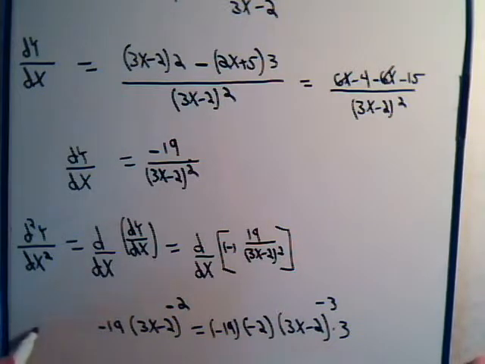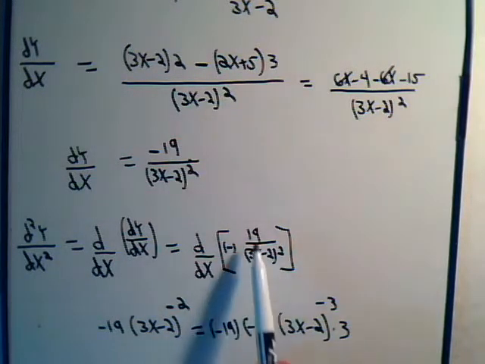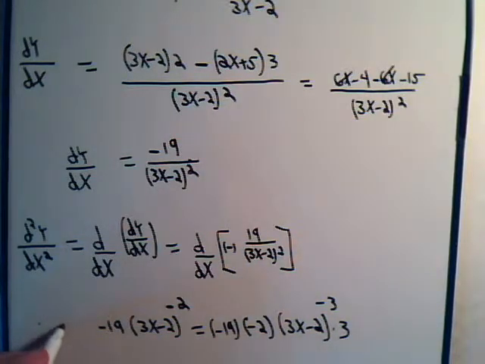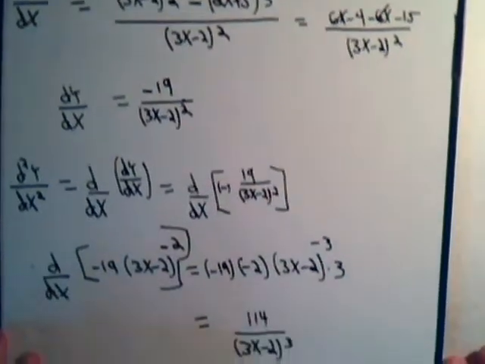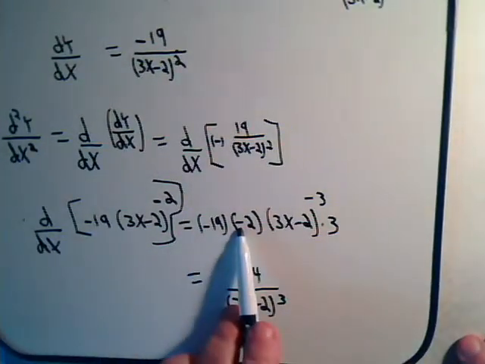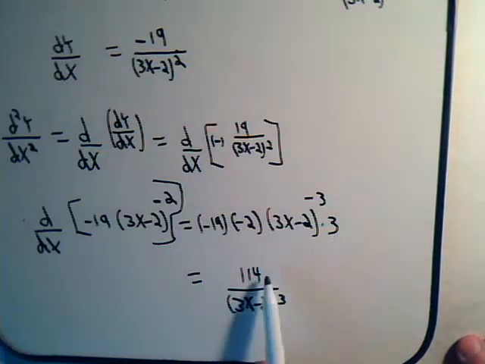And that then is the second derivative, d dx of this is this, or that would equal plus 38 times 3, that's 114, divided by 3x minus 2 cubed. That's plus 38 times 3 is 114.